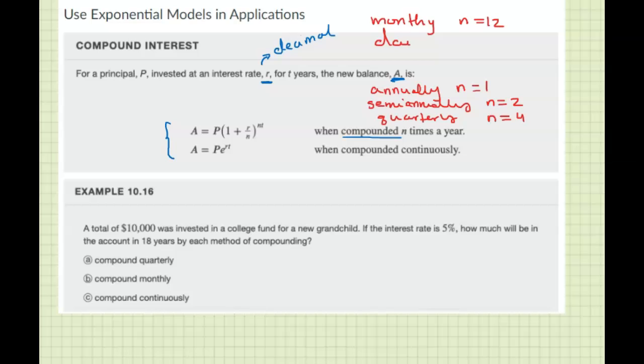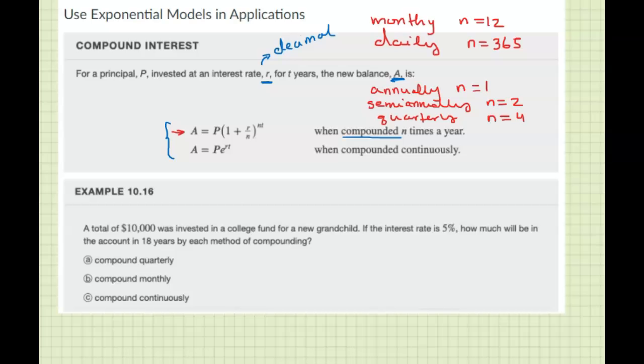You can have daily, 365. It's 365, it doesn't care about leap year. So these are examples of where you're going to use this formula, and N tells you how many times a year the interest is compounded. The interest is applied to the money that you have in the bank at that particular moment, at the end of a month or a year or a quarter, and so on.